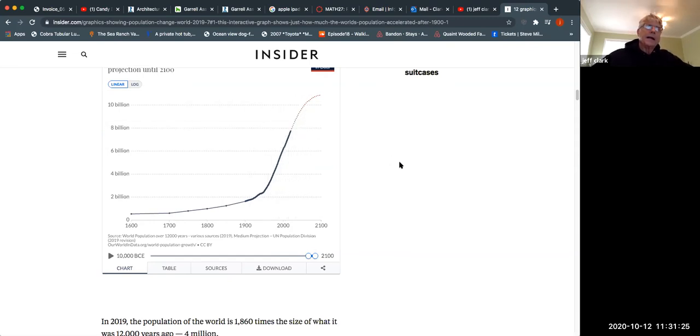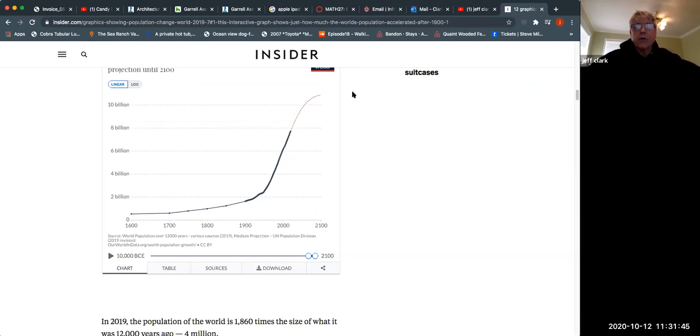So it looks like the growth of the world population is growing exponentially. Now, the year 2016, it appears to be, well, that's what we had, 7.46 billion people.